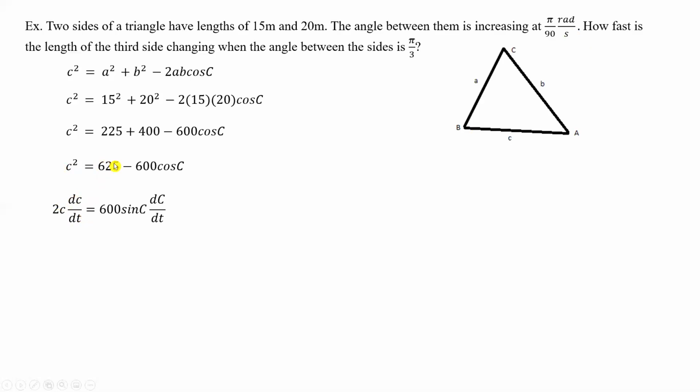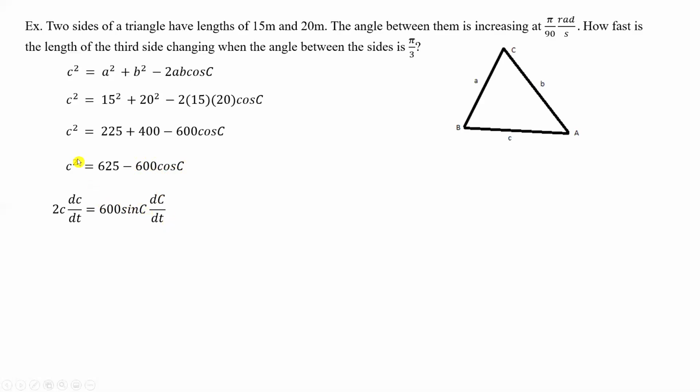Derivative of 625 is 0. There's no variable. Derivative of negative 600 cos angle. Derivative of cosine is negative, so we'll get negative negative or positive 600, derivative of cosine, derivative of angle.